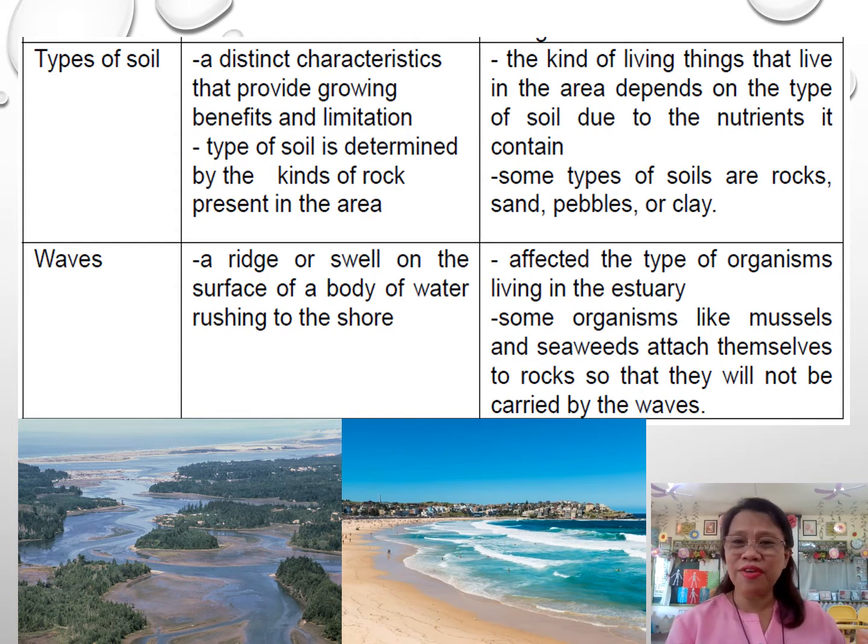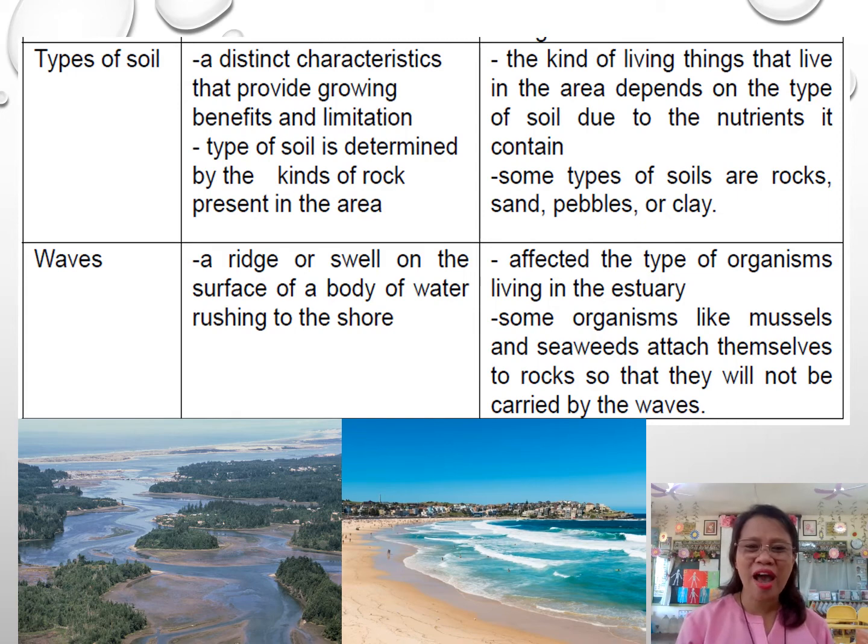Now, the kind of living things that live in the area depends on the type of soil due to the nutrients it contains. Some types of soil are rocks, sand, pebbles, or clay. No, naay sandy nga shore, naay rocky shore, naay shore nga combination, naay sand, naay rocks, naay clay.